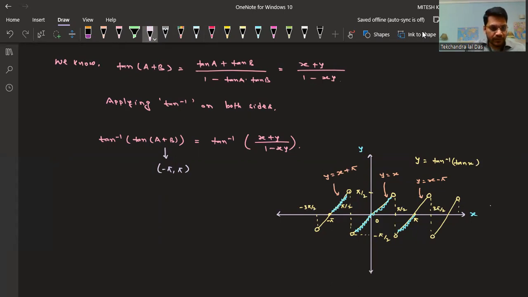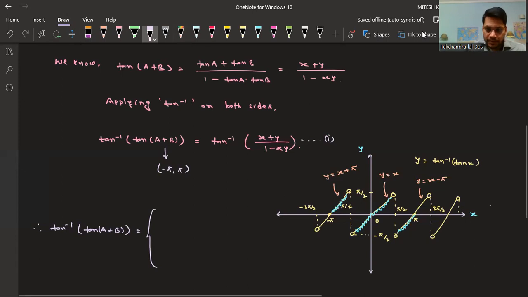So therefore, from here we can call this equation 1. We'll recall again: first of all, write tan inverse of tan a plus b. Okay, so tan inverse of tan a plus b will be, see this branch we have here, x plus pi, that is a plus b plus pi.